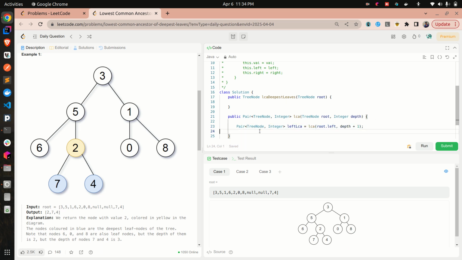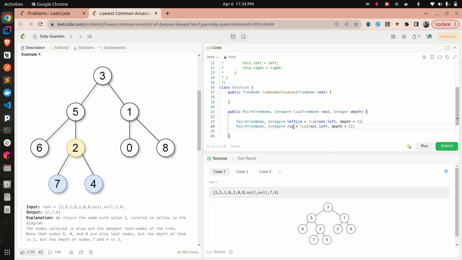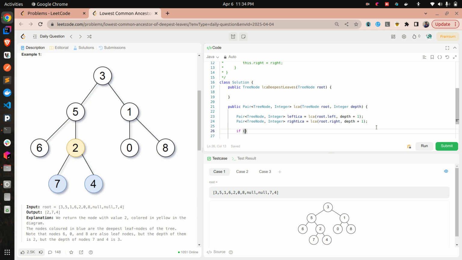I will also identify the lowest common ancestor for the right subtree. Now that I have identified the lowest common ancestor for my left subtree and my right subtree, if the left subtree has a higher depth, in this particular example the left subtree has higher depth leaf nodes, in that case my lowest common ancestor would come from my left subtree.